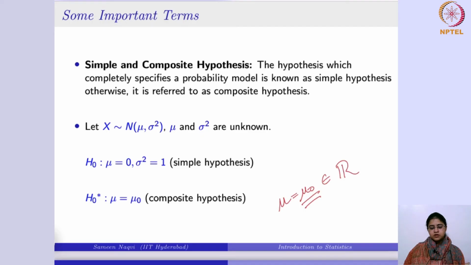Even if sigma square is given to you as 1, but you are framing mu is equal to mu naught, one parameter is unknown to you. So it won't be known completely. That is why we refer to it as a composite hypothesis.